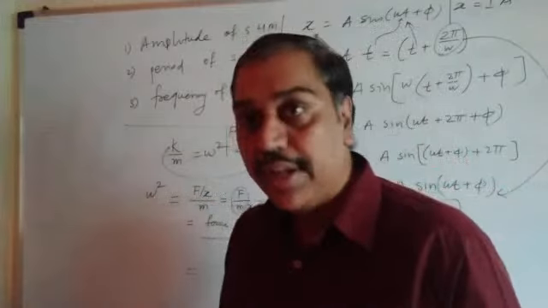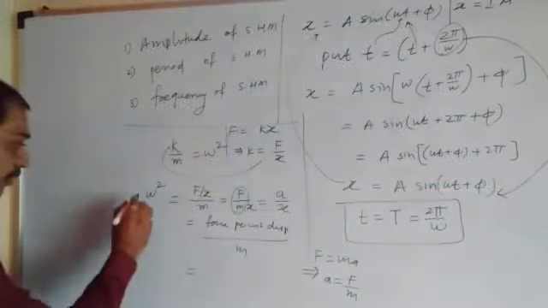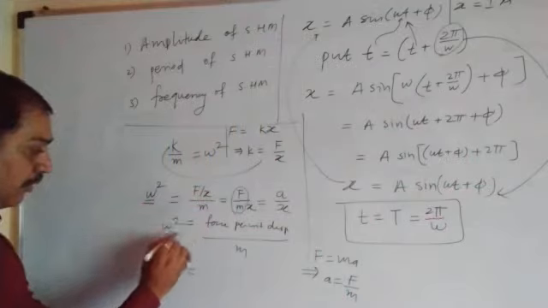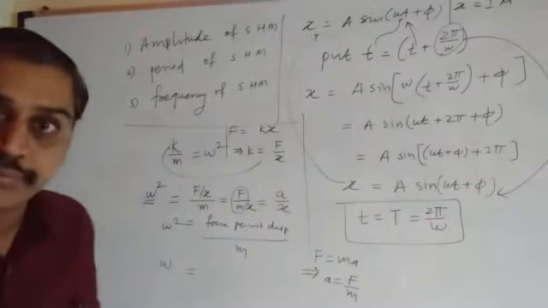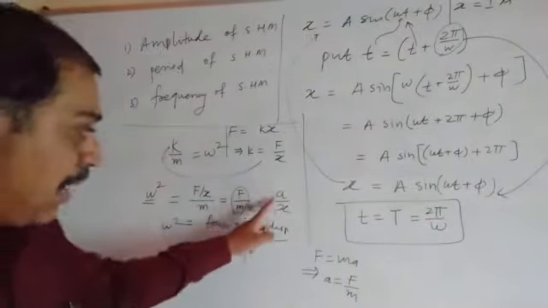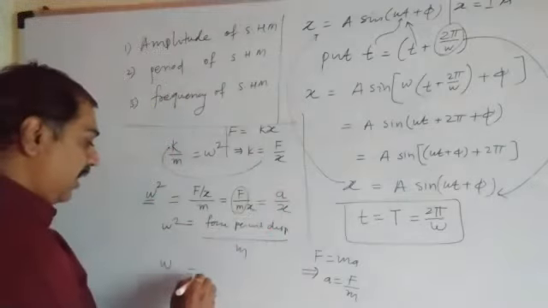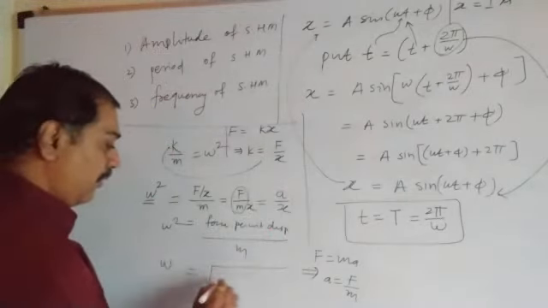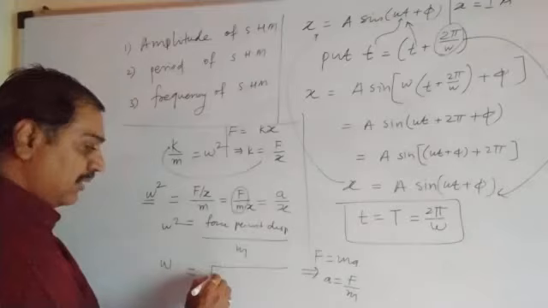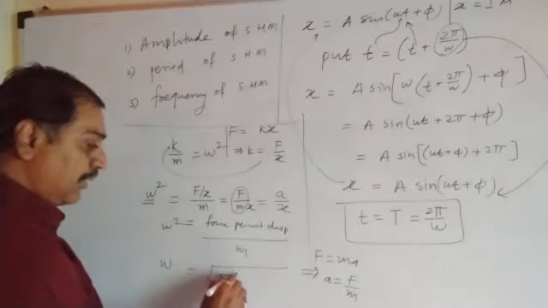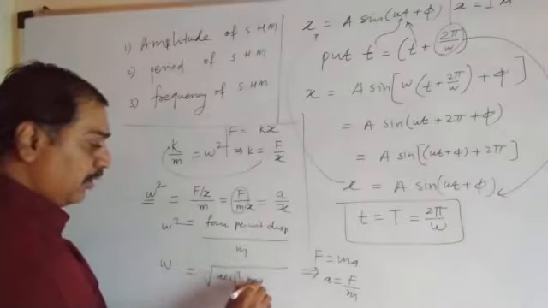Now what can we do here again? This is for omega square. What is omega then? A by X means what? We can write square root of A by X, that is said to be acceleration per unit displacement.